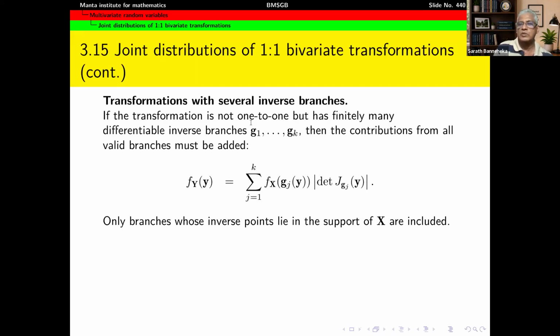And then we'll have to consider all those separately, find out the joint density, and then add them up to get the overall joint density. That's what this means. So let's look at an example.